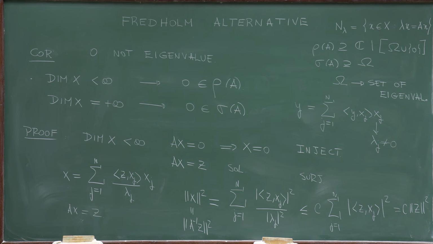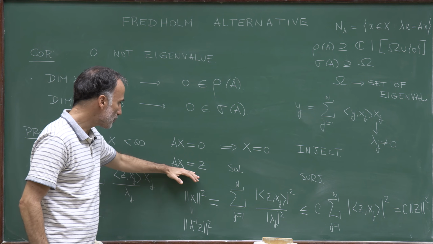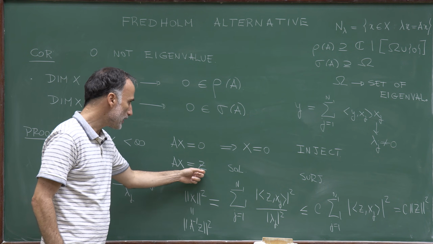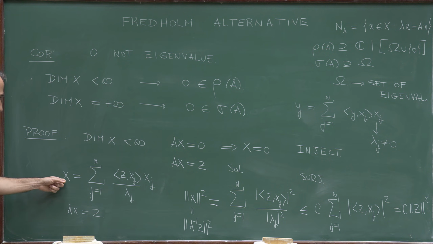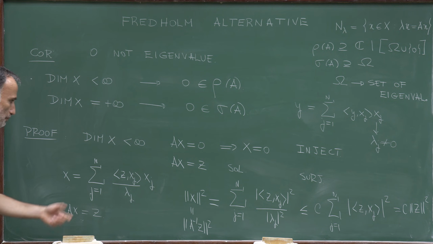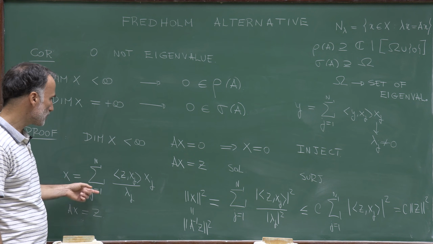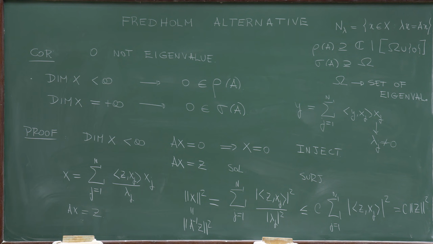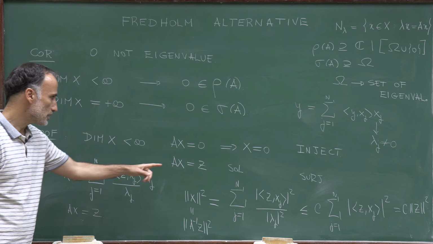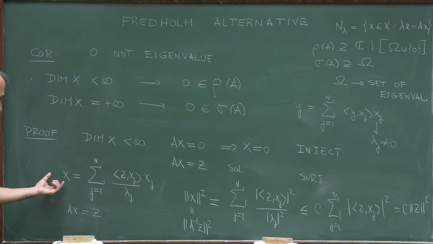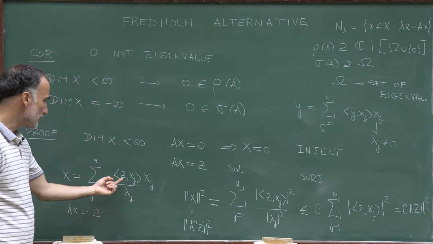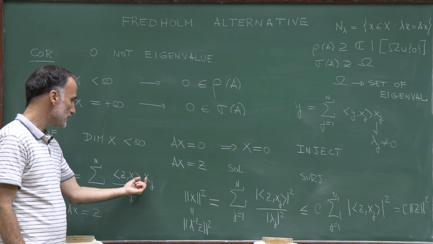Now, what I claim is that this equation has a solution. Take z in X. I define x in this way. This is well defined because all the lambda j's are different from 0, and this sum is finite. Now I claim that x is a solution of this equation. Apply A to x. By linearity, you apply A to xj. This is lambda j xj.